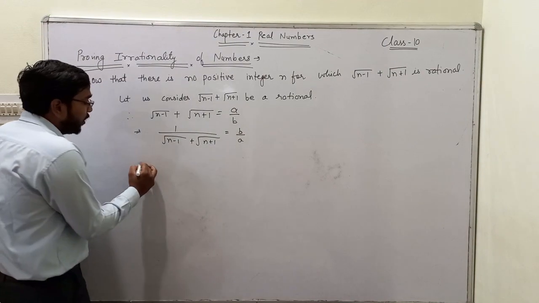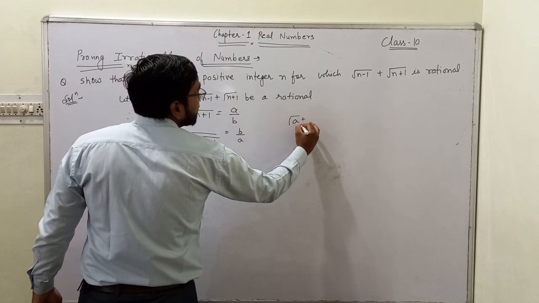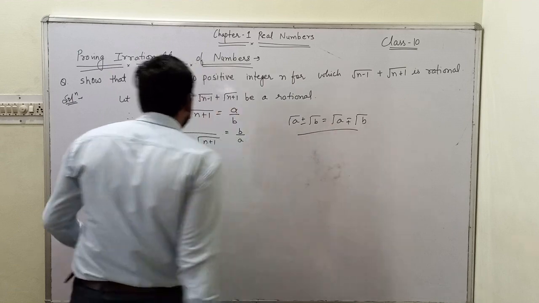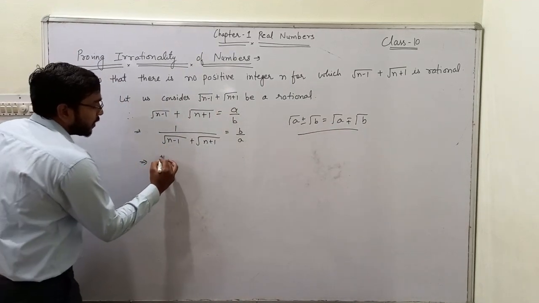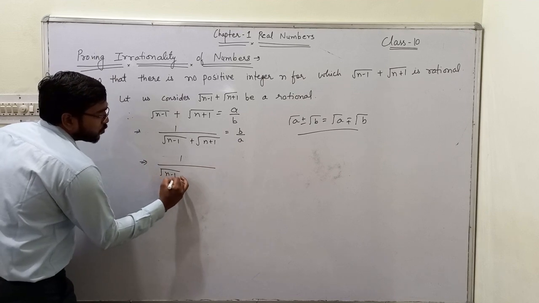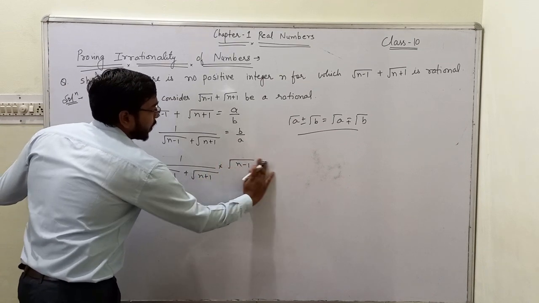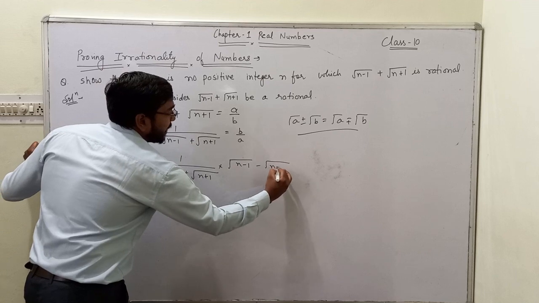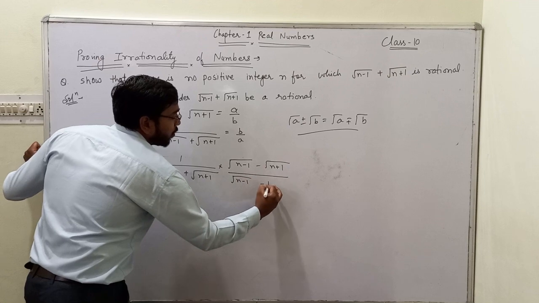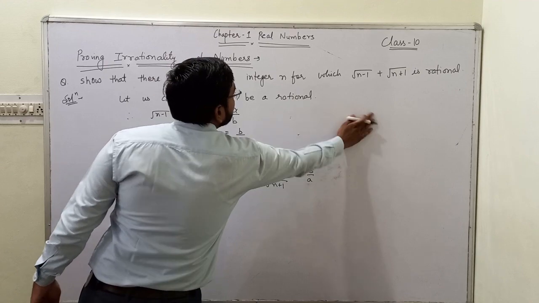Okay, so the rationalizing factor of root a plus or minus root b is root a minus or plus root b. So the rationalizing factor of root n minus 1 plus root n plus 1 would be root n minus 1 minus root n plus 1 upon root n minus 1 minus root n plus 1. Okay, and on the RHS it will be b upon a simply.